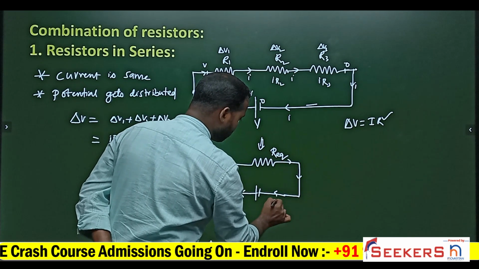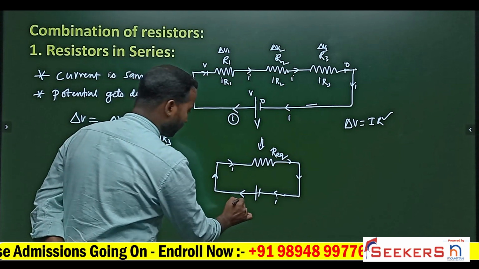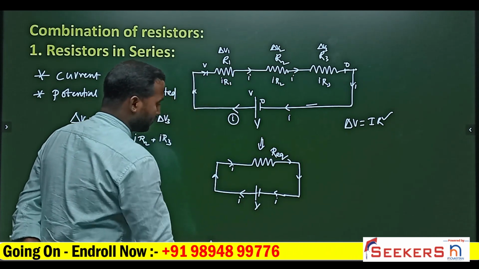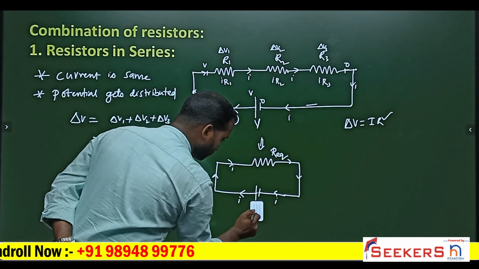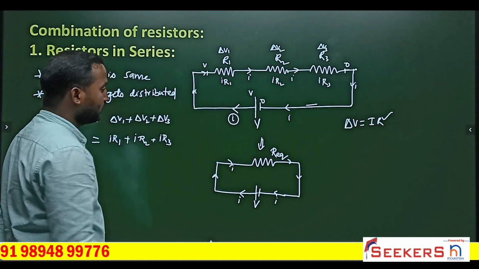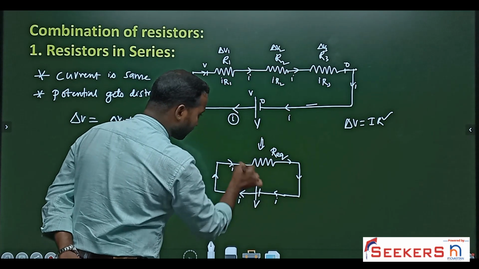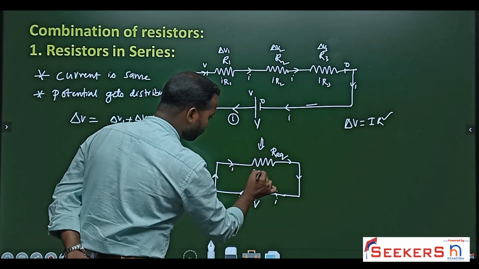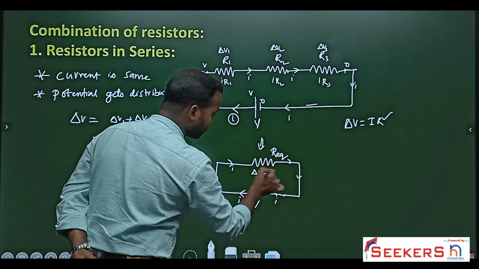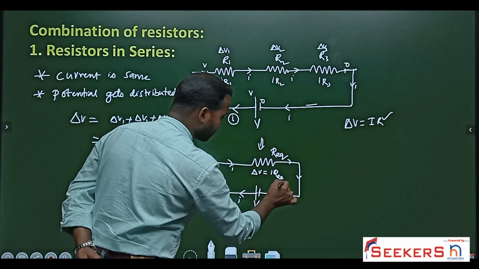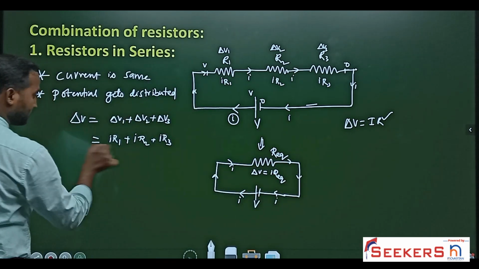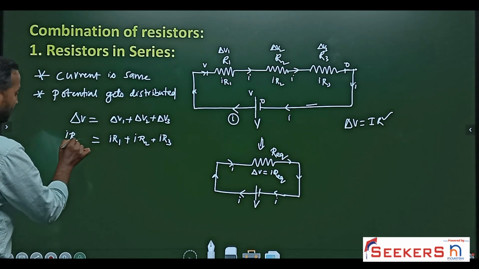The same amount of current I is given back to the circuit, and V is the potential difference. The potential drop across this is delta V equal to current I times resistance R equivalent, which is I R equivalent.